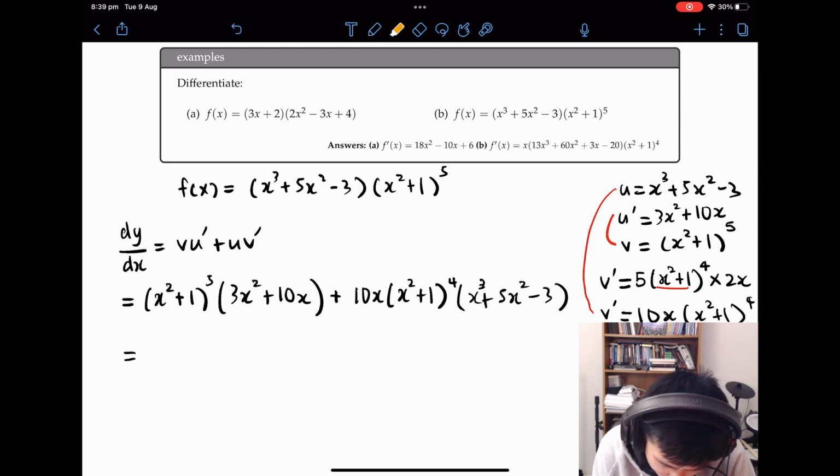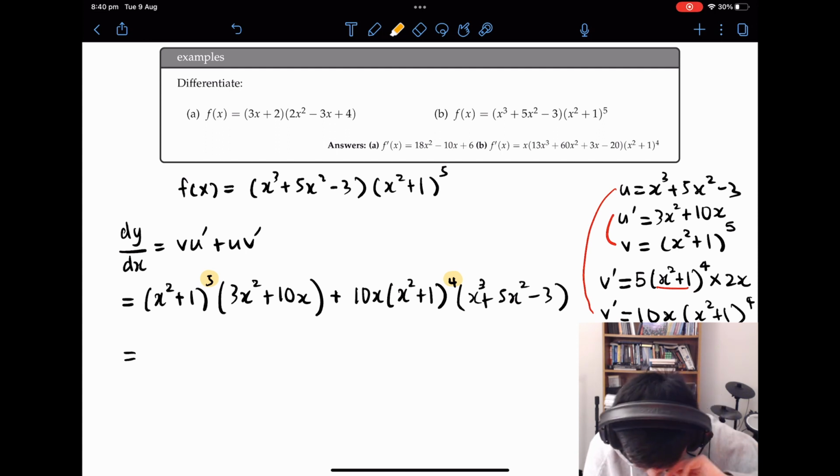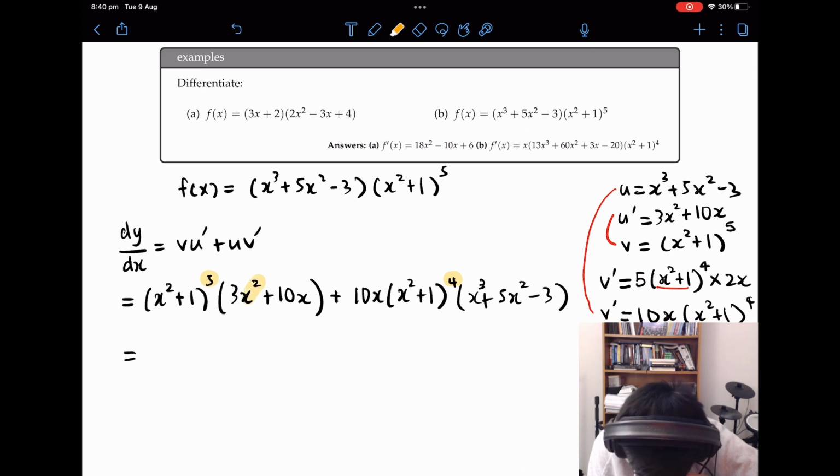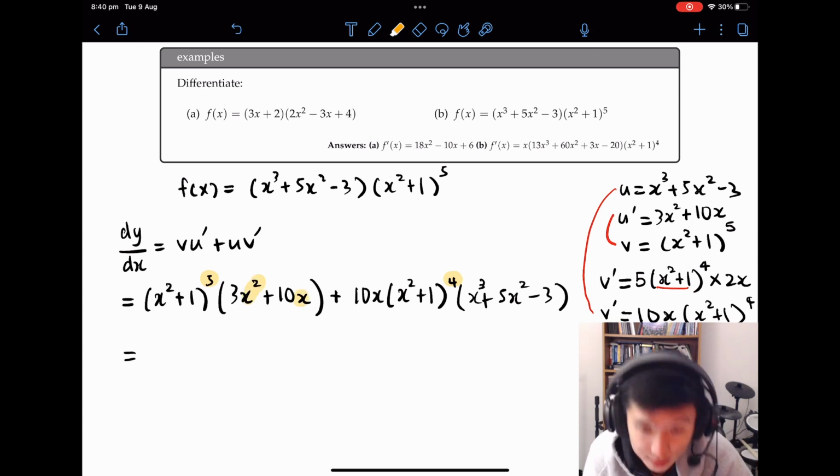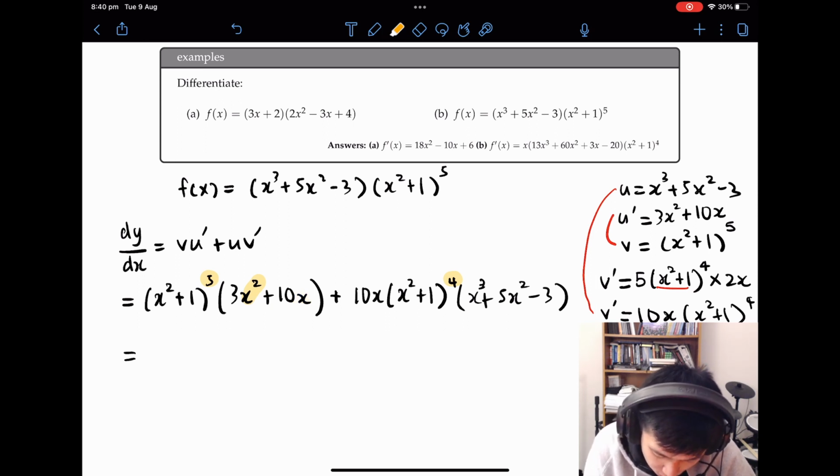We've got an (x squared plus 1) to the power of 5, and then we've got the same thing here, but it's to the power of 4. And then are there any other common factors? It looks like we've got an x squared and then an x, which means that we can probably factorize an x out. And so let's actually do that.